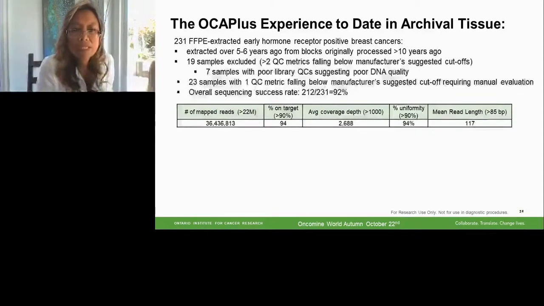About 23 samples failed or fell below one of the QC metrics, suggesting that we might require manual curation of the variants. But overall, we're really happy with our sequencing success rate of about 90%. Here are some of the QCs from these 231 samples.